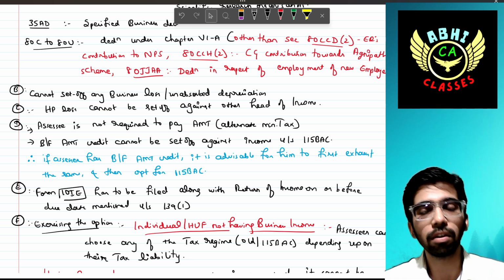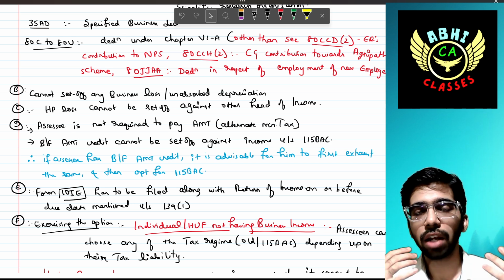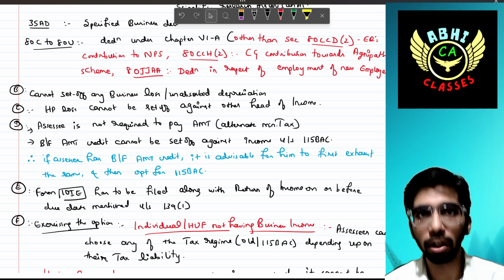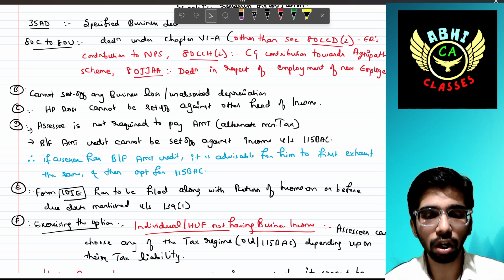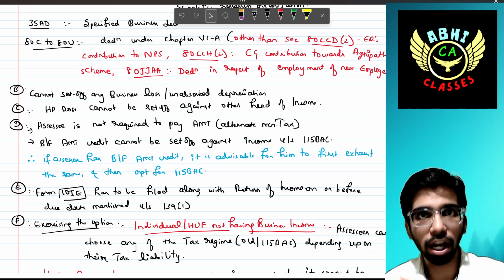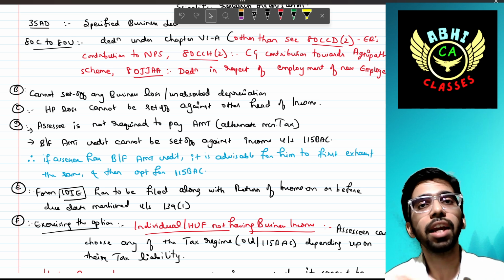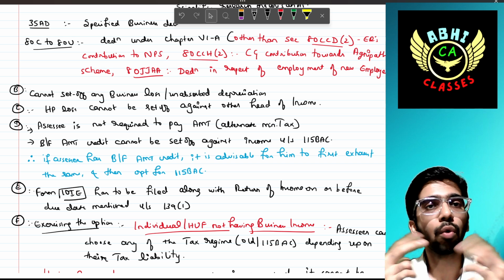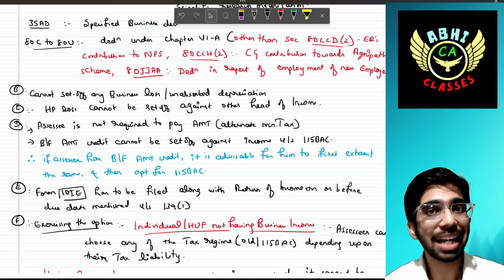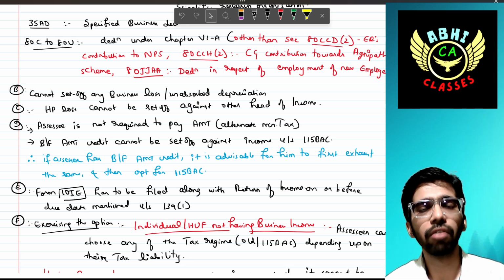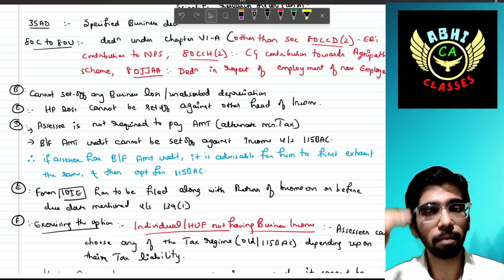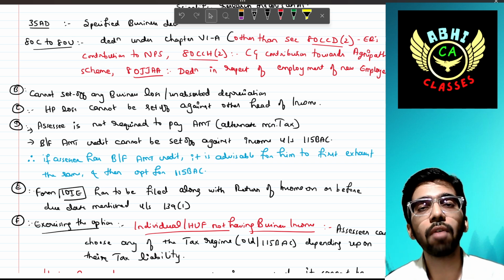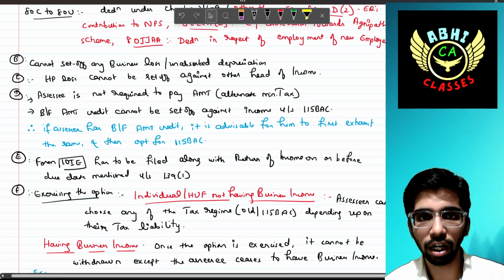If you opt for this scheme, that brought forward AMT credit will obviously not be available. So first the client has to exhaust that AMT credit, then he can come to 115BAC, so that a two-way benefit is given to that client. If an SSE has a brought forward AMT credit, it is advisable for him to first exhaust the same and then opt for 115BAC.